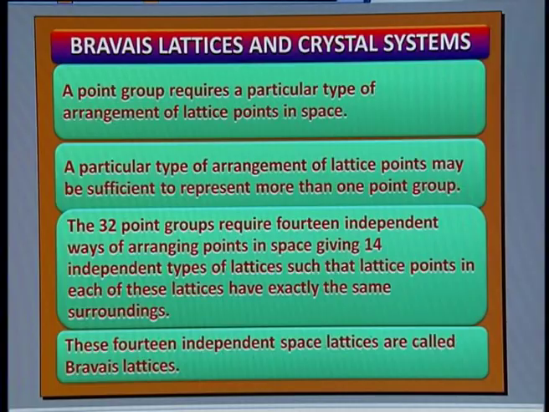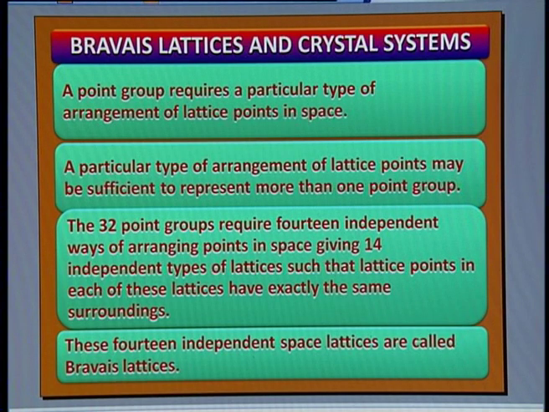A Bravais lattice can be understood by means of a unit cell, so you need 14 different types of unit cells.